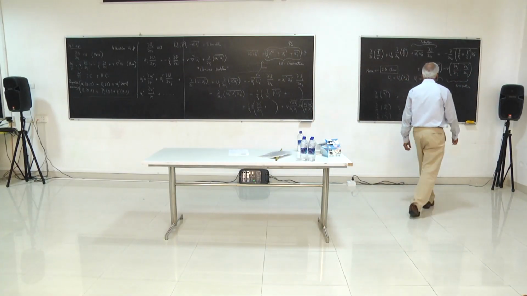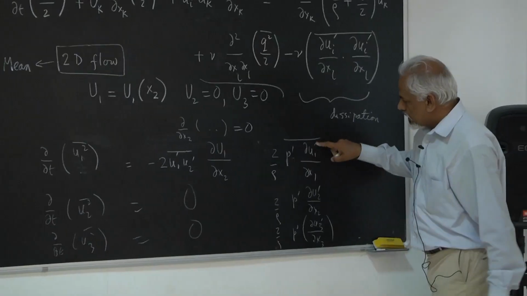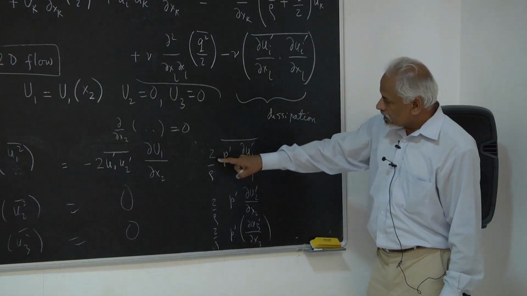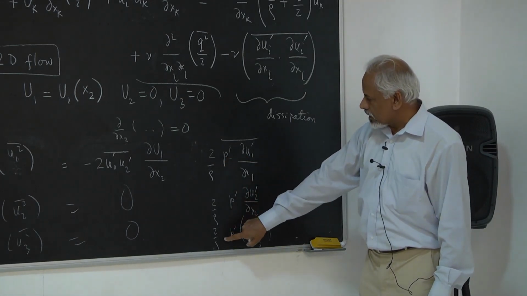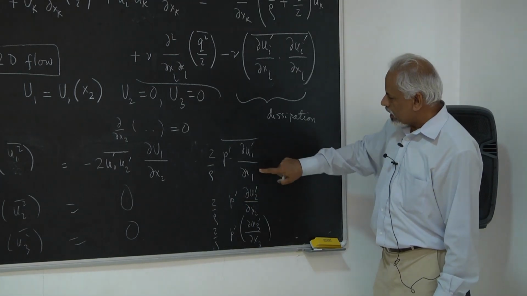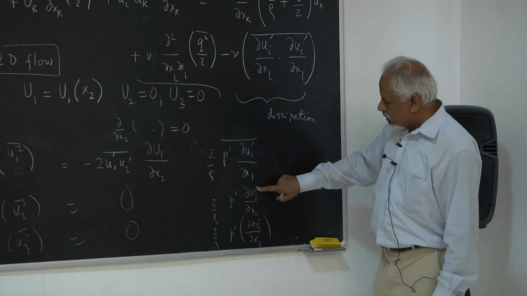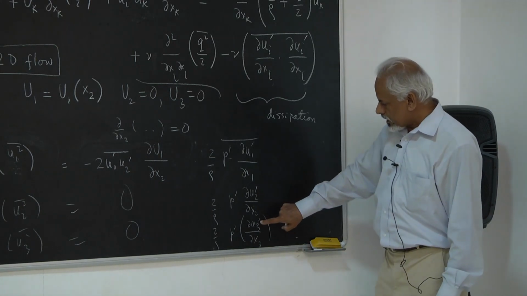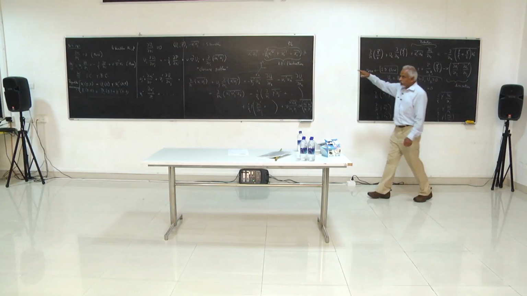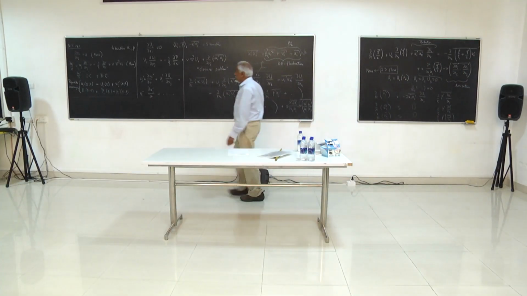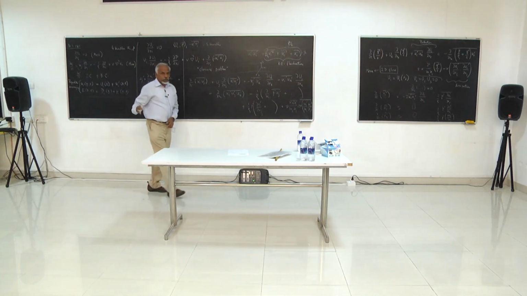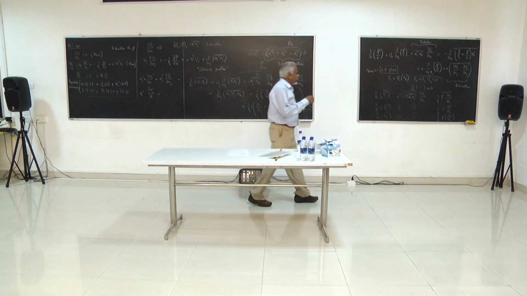Now notice one thing, and that is if I sum all of them up, it will be 0, because 2 by rho is common and p prime is common. I have du1 prime over dx1 plus du2 prime over dx2 plus du3 prime over dx3. And by the continuity or the mass conservation equation, this will be 0.